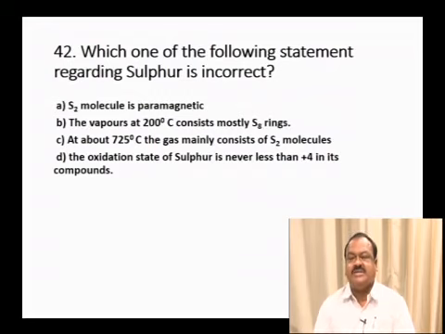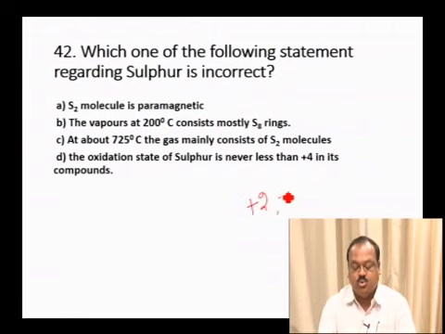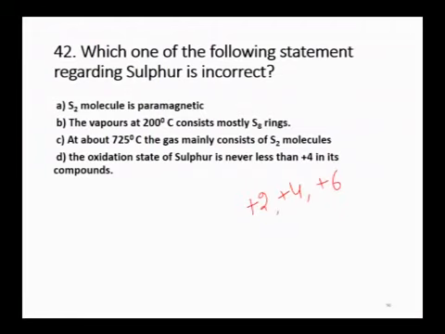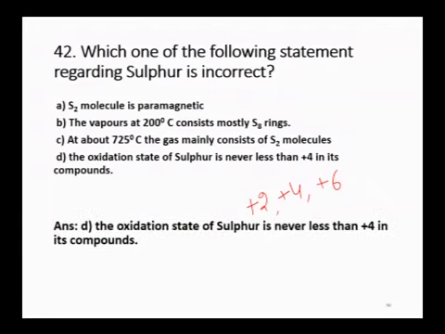The oxidation state of sulfur is never less than +4 in its compounds. Sulfur generally forms compounds in which it has oxidation states +2, +4, +6, as we discussed in the synopsis. So the incorrect answer is, the oxidation state of sulfur is never less than +4 in its compounds. It is a wrong answer. So the answer is D, the incorrect statement.